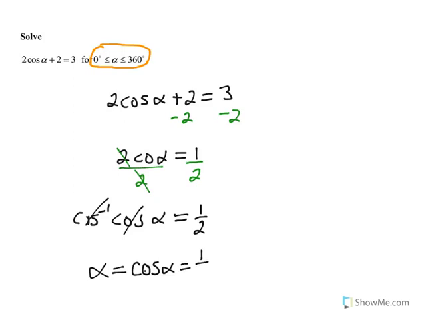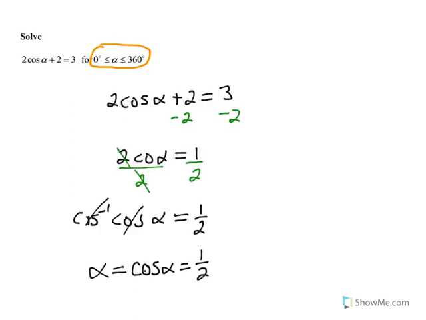Equals inverse cosine of a 1 to 2 ratio. And let's bring this to another screen because we're starting to run out of room. So we said alpha was going to be the inverse cosine of a 1 to 2 ratio.